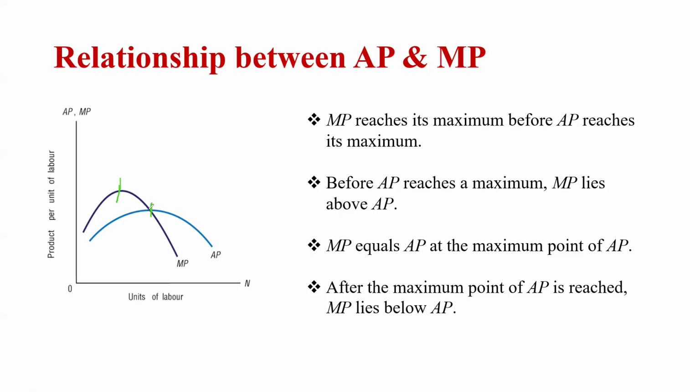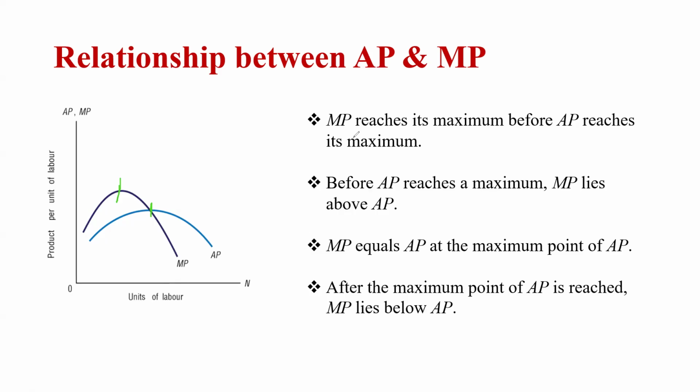And where they intersect, AP reaches its maximum, AP will then be above marginal product, and marginal product will be decreasing. That is why I'm saying it's very important to understand the shape of the graphs. Just know that your MP is like this, and your AP is like this. And then to answer this question, you just say what is happening here. Then you write it down, then you get your 4 marks.